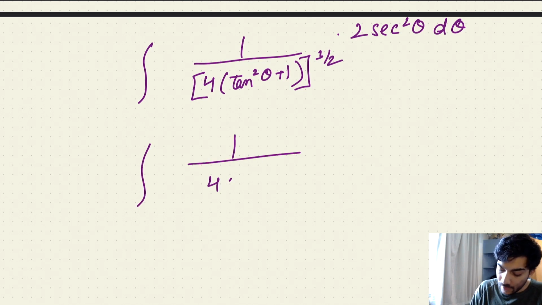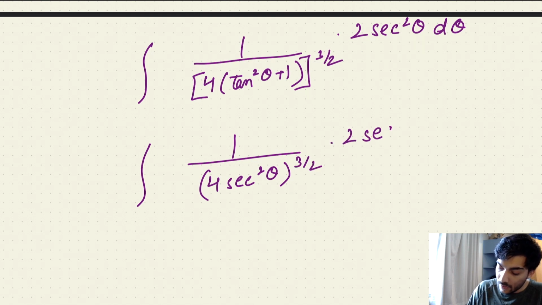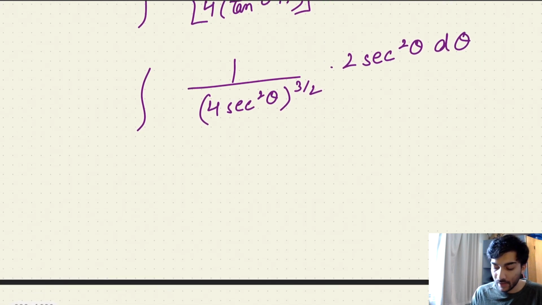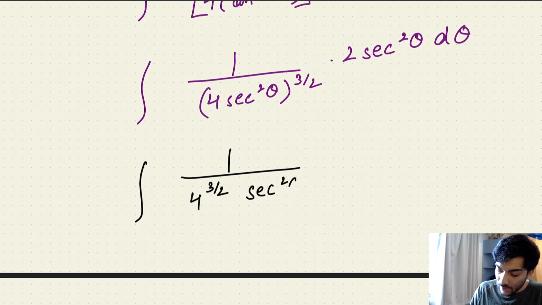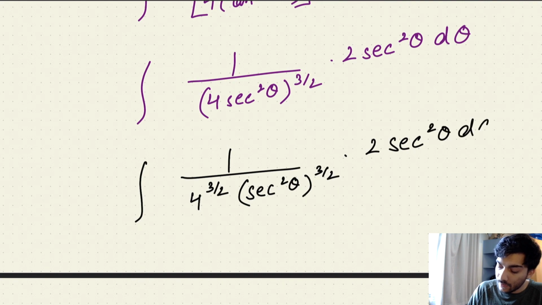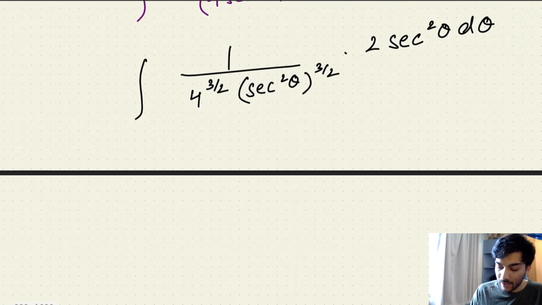So this is 1 upon 4 secant square theta to the power 3 by 2, and then this is 2 secant square theta d theta, right? Now this would simply be 1 by 4 to the power 3 by 2 times secant square theta to the power 3 by 2, and the 2 secant square theta d theta would remain the same.